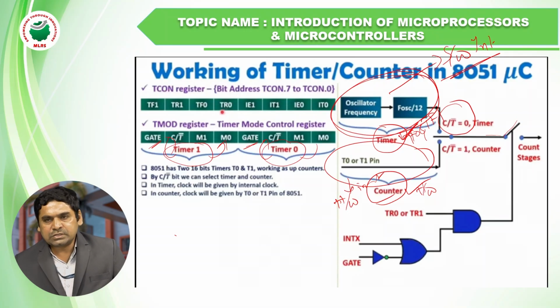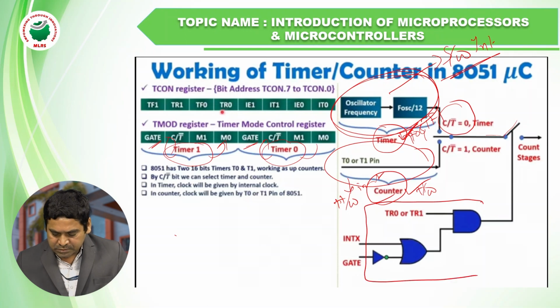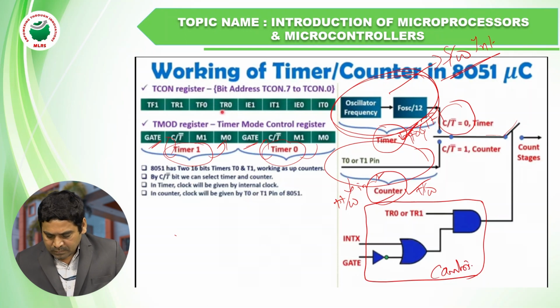When the switch is closed, it means the output of this combinational circuit, the AND gate, is 1. When it is 0, it will not count. When counting starts, the switch is closed, and the AND gate output equals 1.